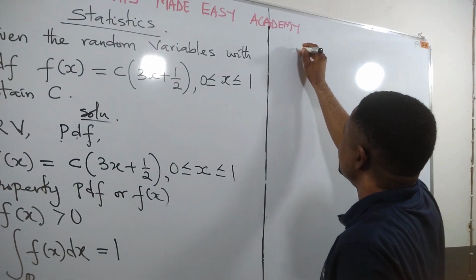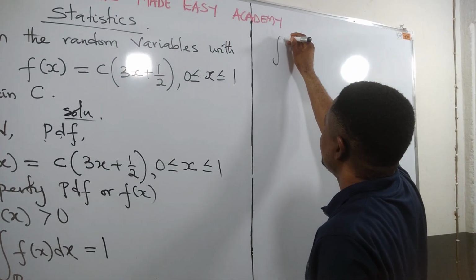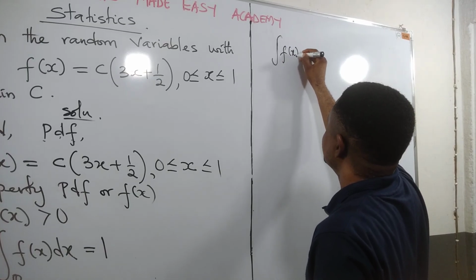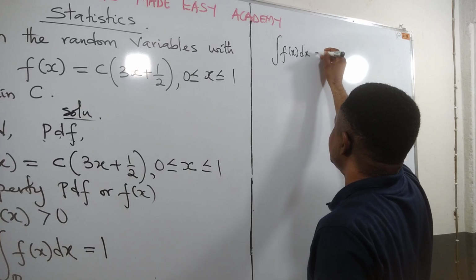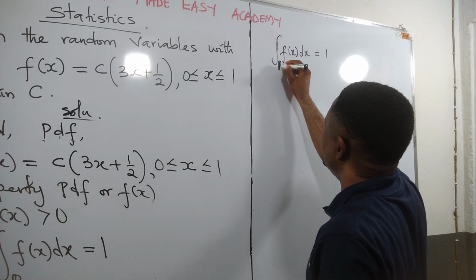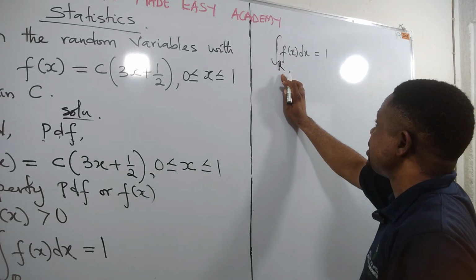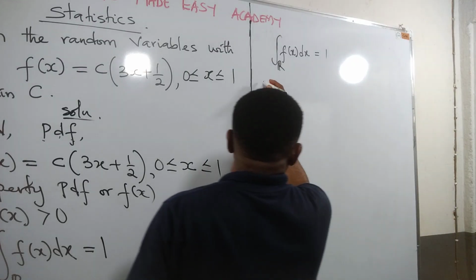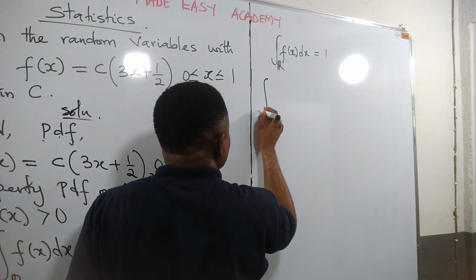Now, how do we solve? Use this particular property, the integral of f of x dx is equal to 1. Are you there? And remember, we say this is a real number, and this is a real number. It is bounded by both upper limit and lower limit. So how do we do? We now introduce the integral symbol.